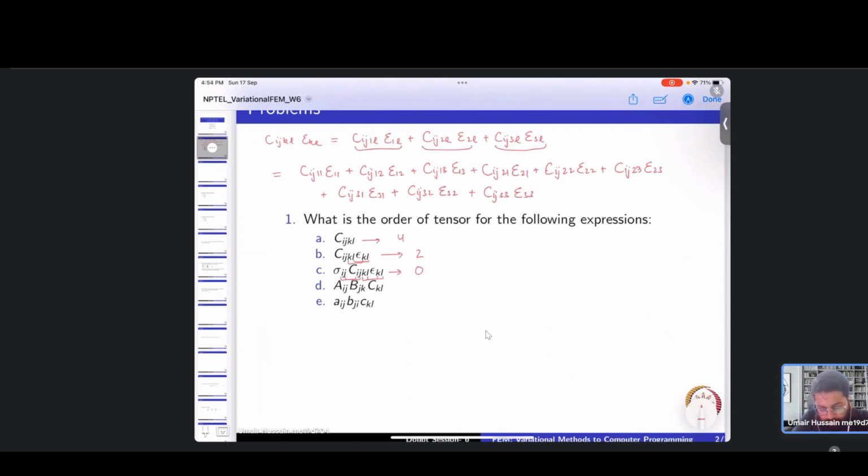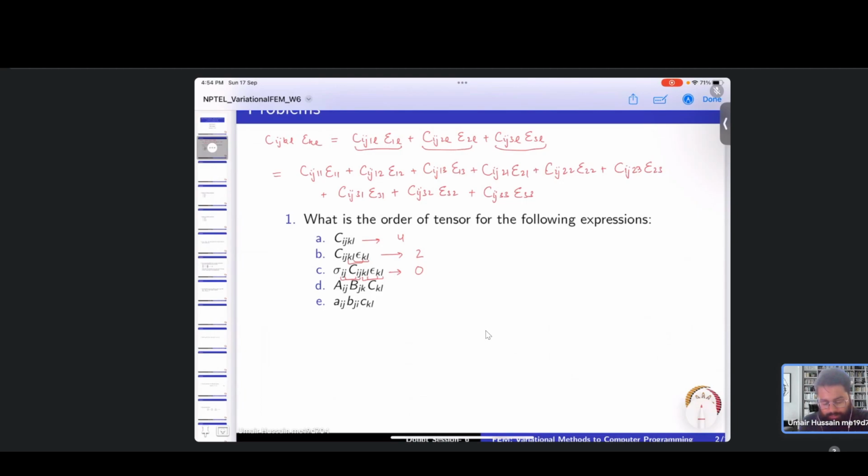If we expand it like we expanded it above, we have one big bulky expression. The number of terms would be, I think, 3 to the power 4, that is 81 terms. So that's a scalar. This is a scalar quantity now.